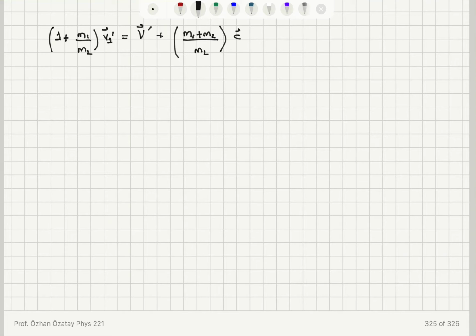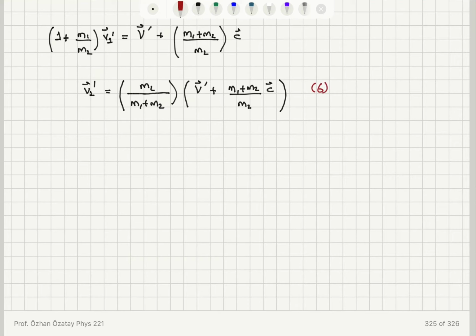Therefore, we can obtain for v1 prime the following result. v1 prime is m2 divided by (m1 plus m2) multiplied by capital V prime, the relative velocity after the collision, plus (m1 plus m2) divided by m2 times the center of mass velocity. So we have achieved our task.